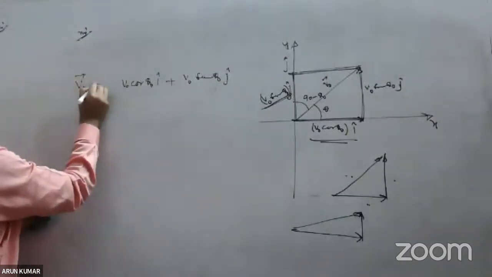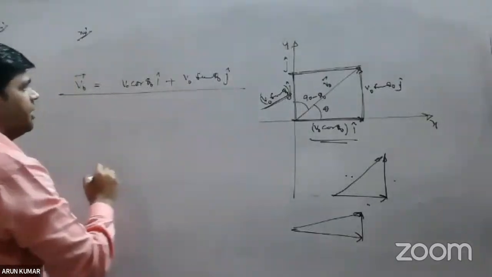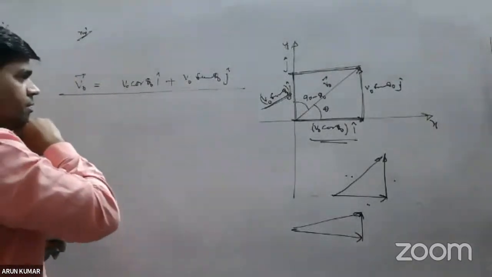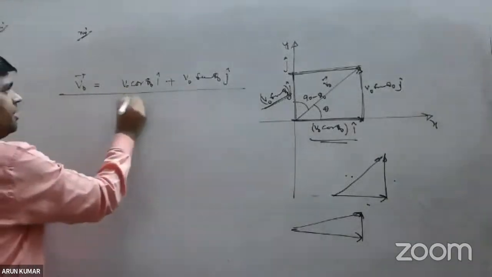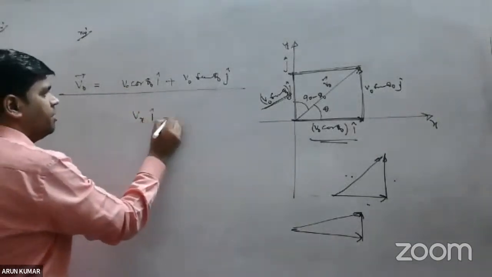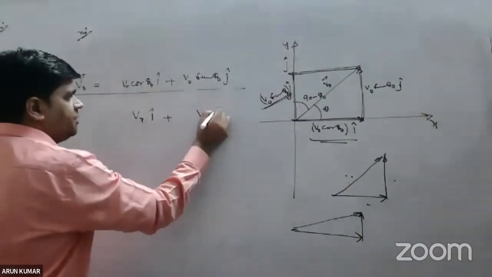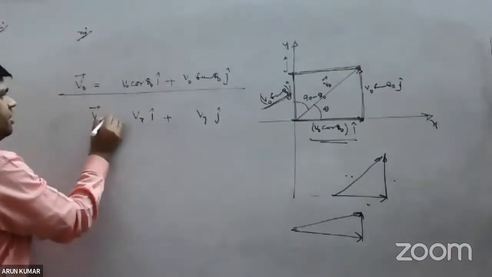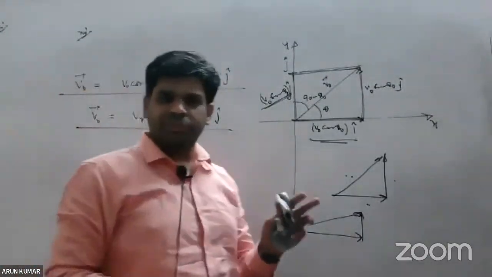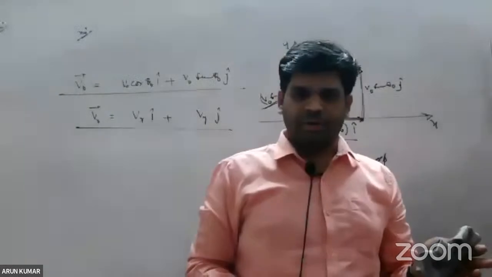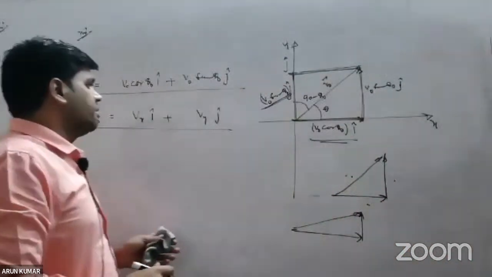This is V naught bar. All right. So this is the x component, which can be written as vx I cap, and this is the y component, which is usually written as vy j cap. So any vector V naught can be split into x and y components in two dimensions. If you've got three dimensions, you'll have three components, x, y, and z.